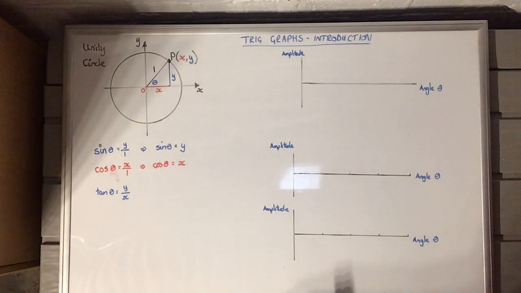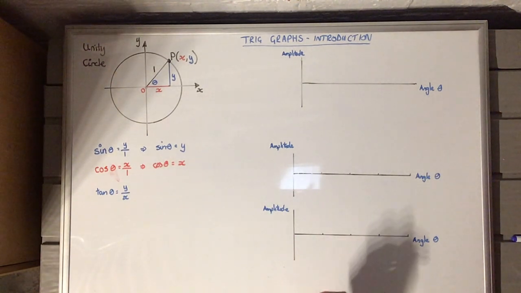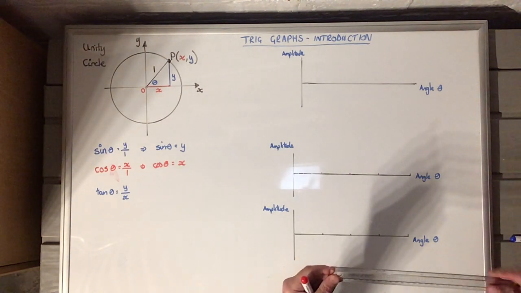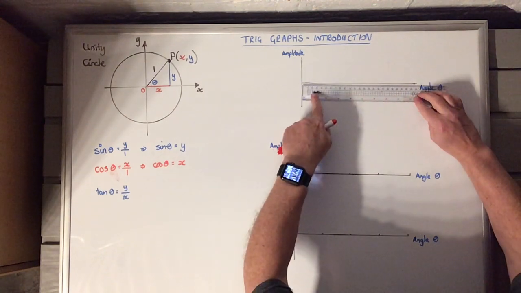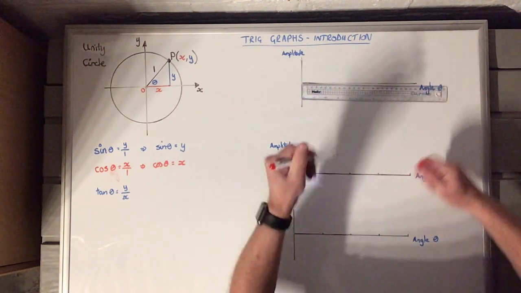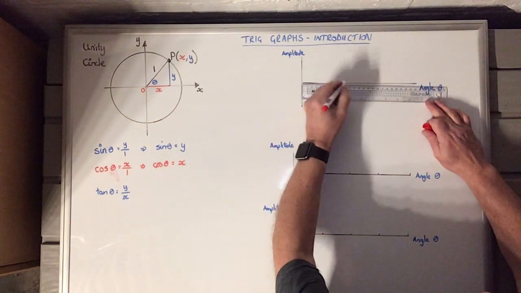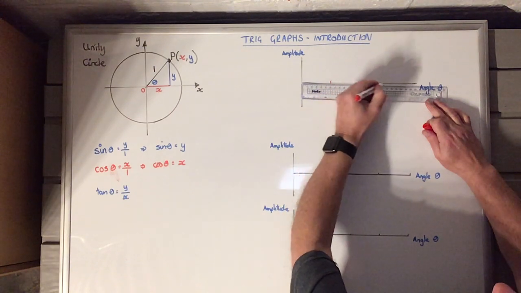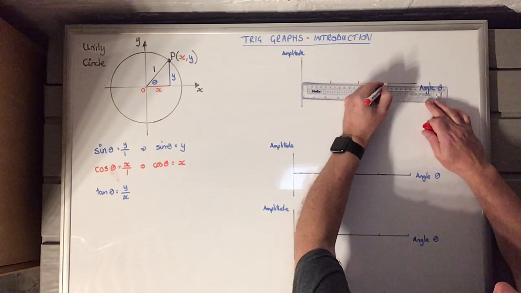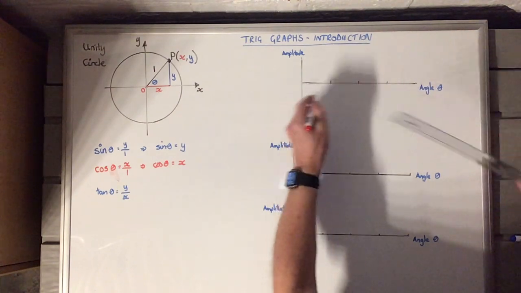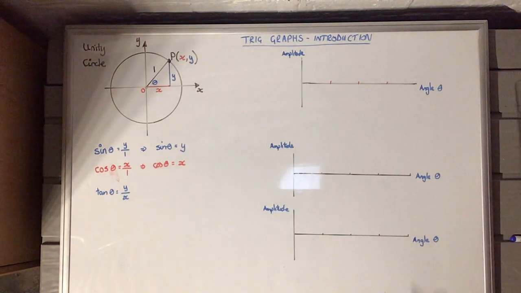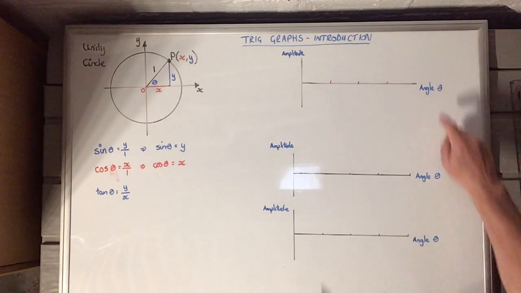So I'm going to split my graph on the right hand side into 4 sections, and just space them out a wee bit. So we'll go there, there and there. And you can see that the x-axis, the horizontal axis, is actually the angle. So it's the angle we're talking about here.